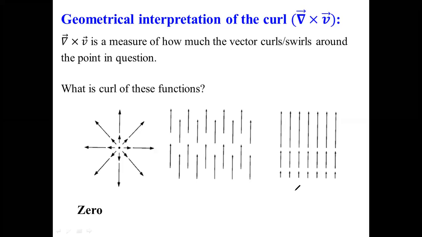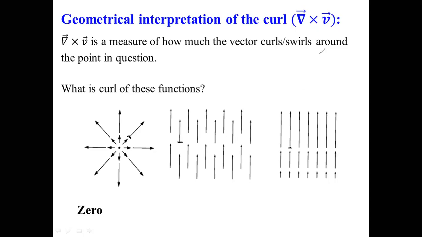Translatory motion means that your paper boat can simply move in the forward direction. That does not mean it has some curl. Unless it starts to rotate, the curl of the vector is going to be zero. If you place a paper boat either here or here or here, in all those three fields, it is not going to be rotating in any of the cases.